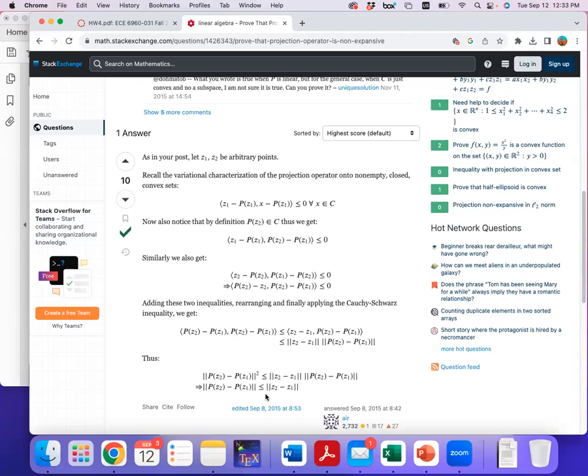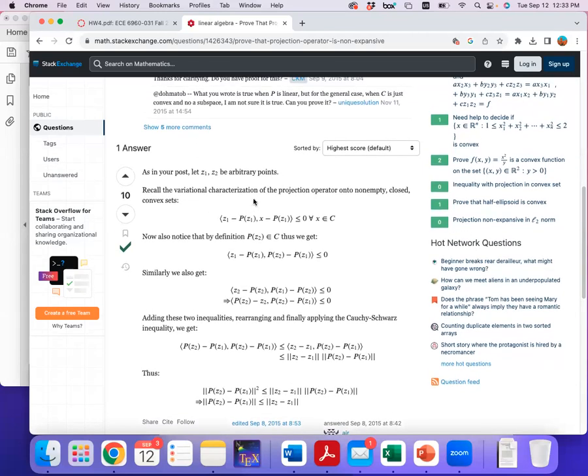We can get the desired result. This proves that the projection onto a convex set is a non-expansive operation. So we start from this characterization of the projection onto a convex set. This is a sufficient and necessary condition.